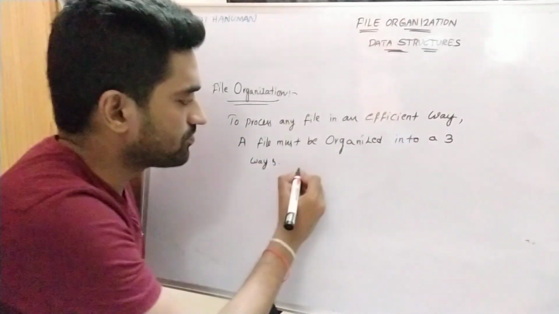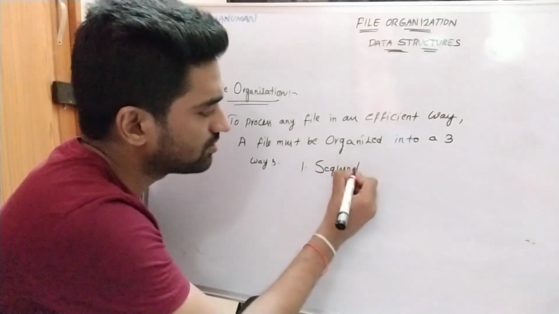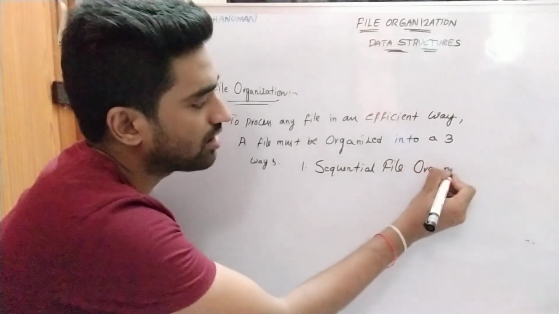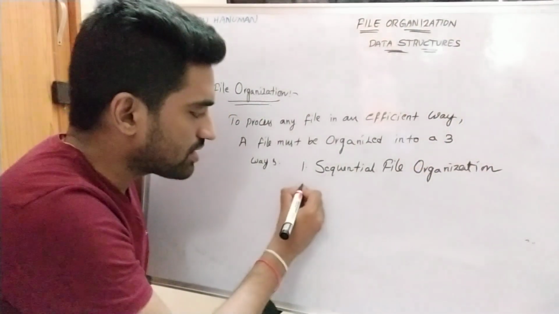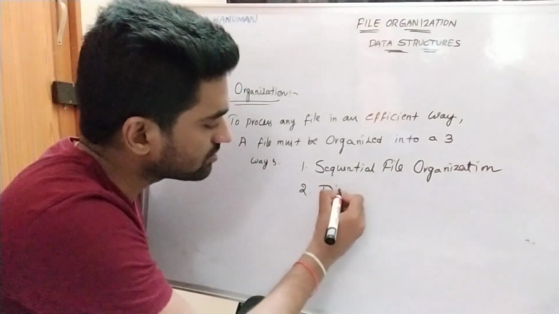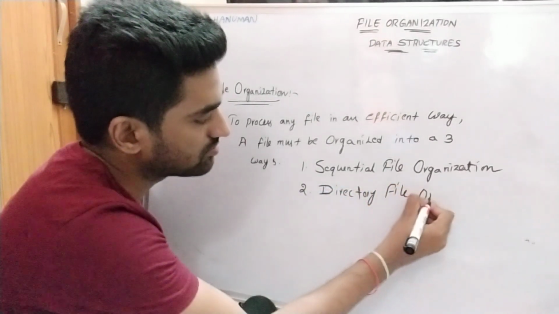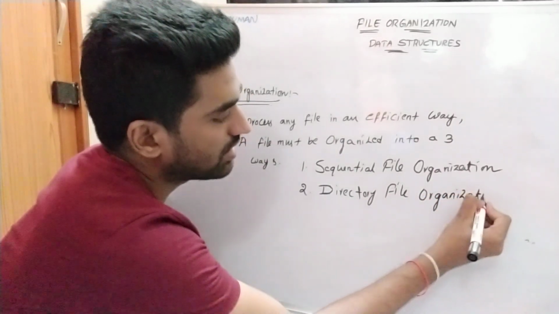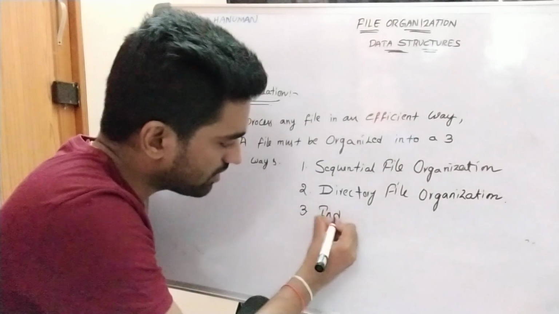So one is sequential file organization. Second one is directory file organization. And third one is indexed sequential file organization.